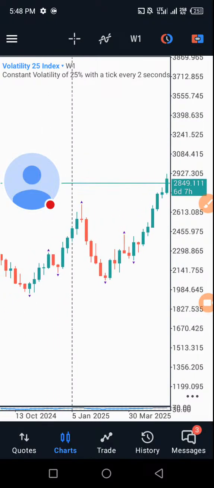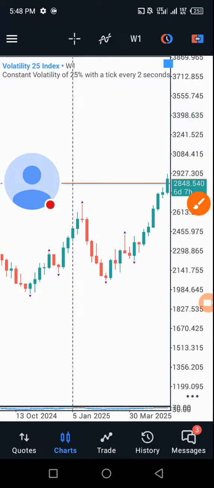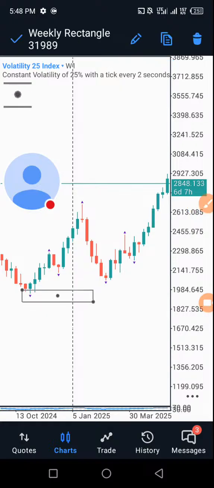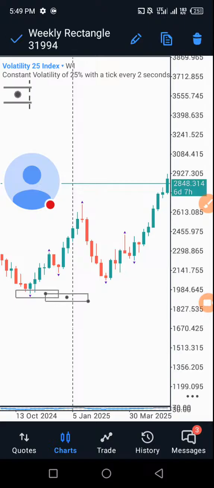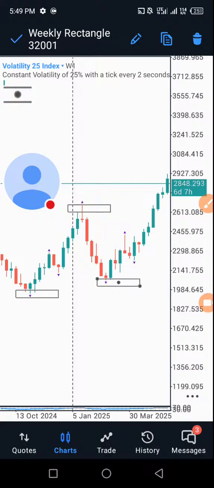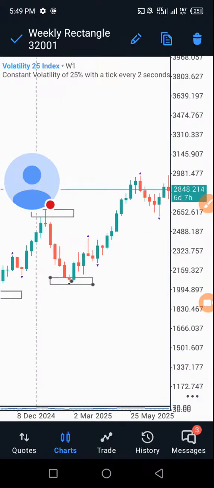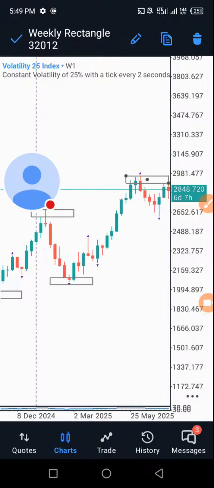If you look at this chart now, remember our fractal helps us a lot. Okay, we have a low here, a high here, we have a low here, right? So let me just highlight that. We have a low here, we have a high here, right? We have a low here, okay, and then we have a high here, right?